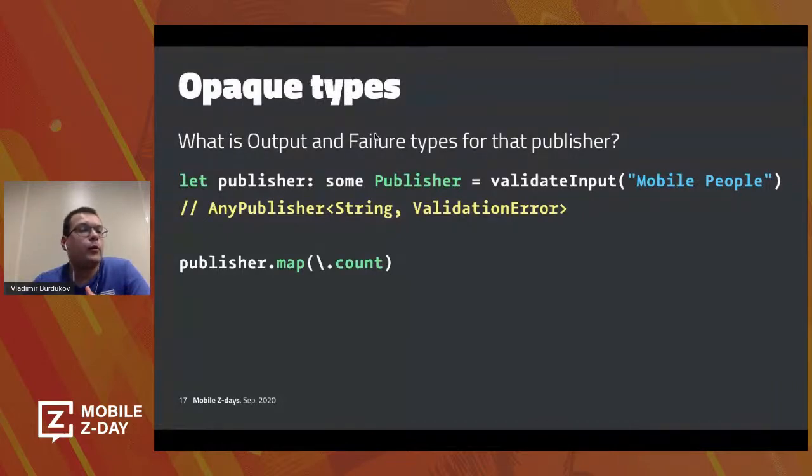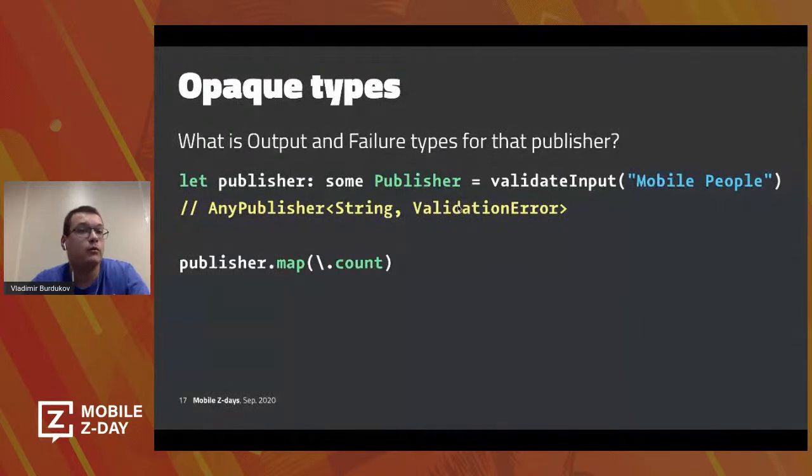Okay, the compiler which will compile our framework will know this because it needs to know that they match. But the compiler that we will use for compiling our application will not know it. So we will not know the exact output and failure types, since Publisher just declares that it has them, but we don't know which types we have here.